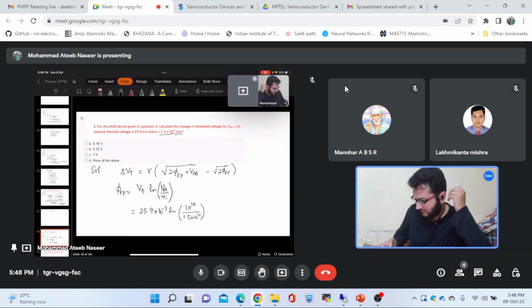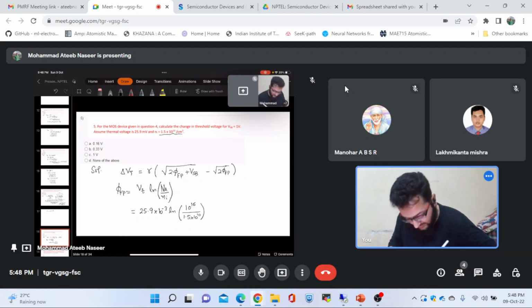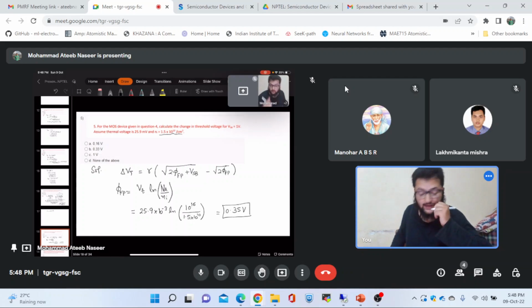It will come out to be equal to 0.35. So this phi fp will come out to be 0.35, and it will have the units of volt. Let us check another thing over here.